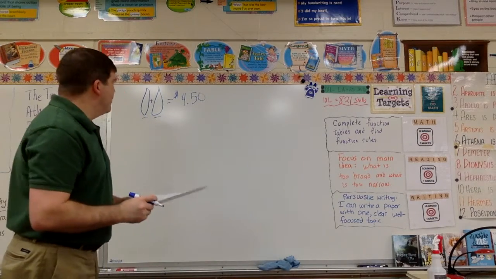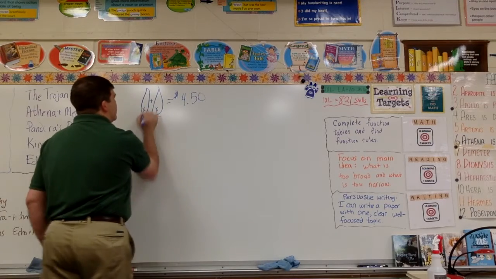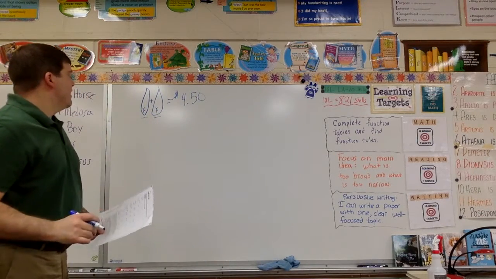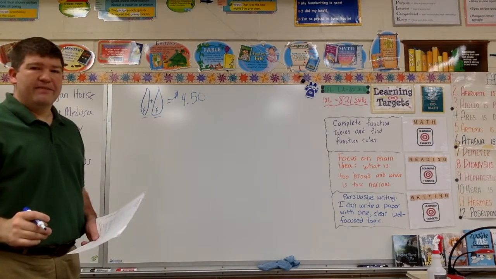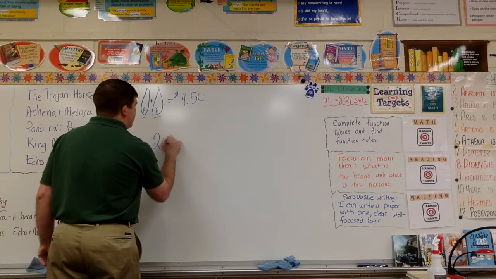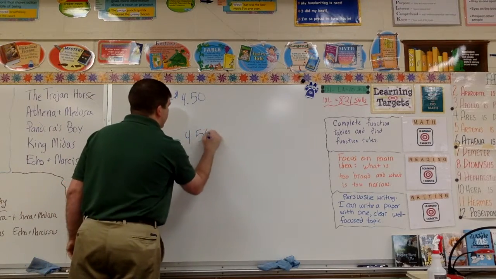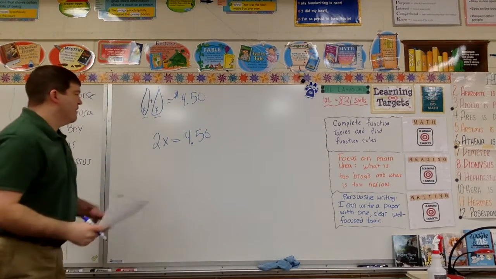So I don't know what the individual cost is. So this is X and this is X. I have 2 X's. So it's 2 times X equals $4.50. Okay?